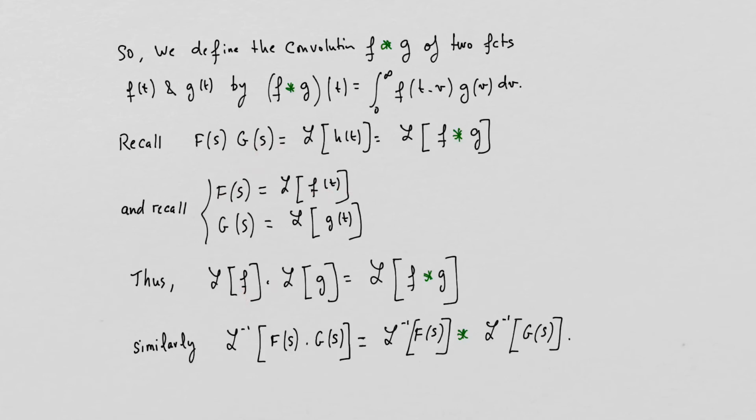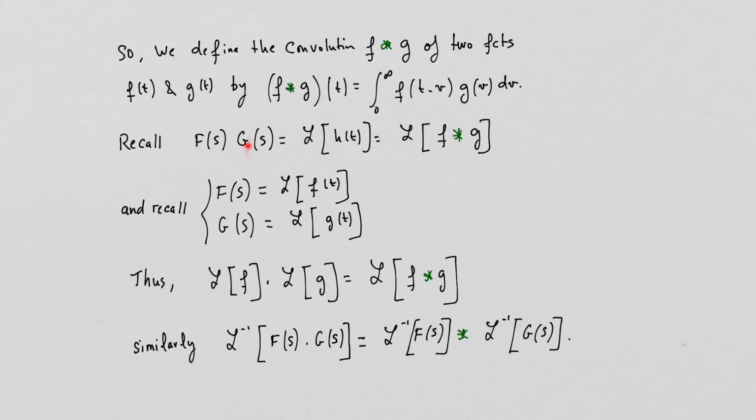And G of s is Laplace of little g, or g of t. So here you go. Laplace of f times Laplace of g is Laplace of a product, but it is a unique product. It's not the products we're familiar with. Therefore, we know, look here. If I apply inverse Laplace, look at this, okay?